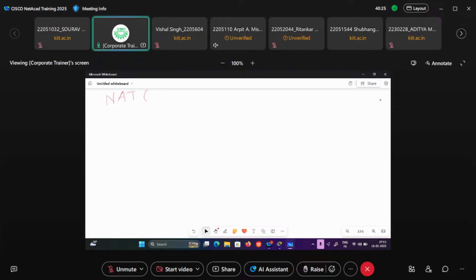Whenever in our network, when you create a local area network or personal area network, generally we use private IP addresses. And over the internet, many people can have the same private IP, right?